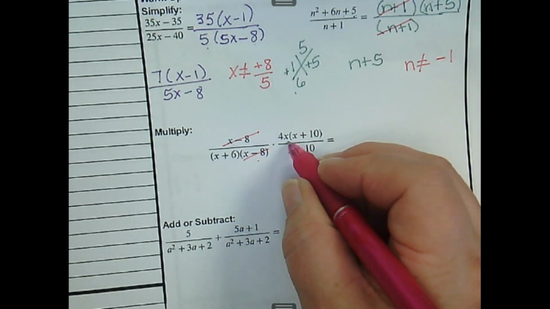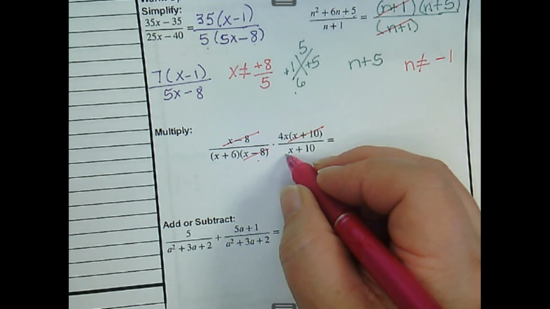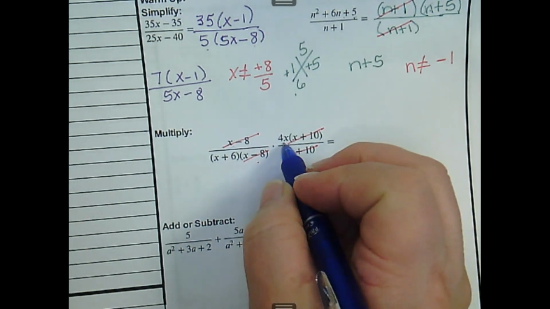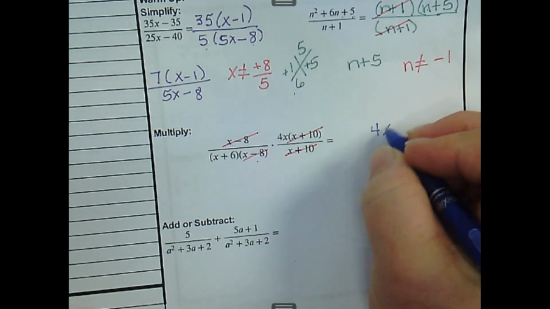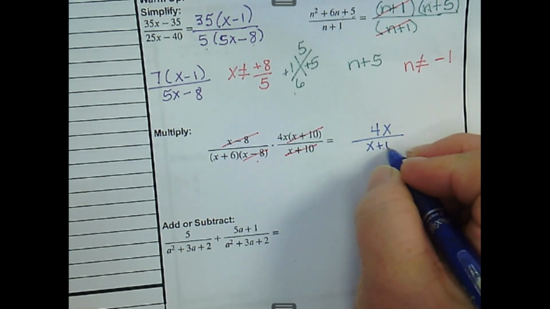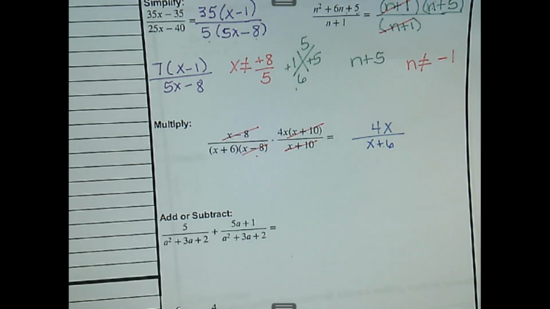I've got x plus 10 and x plus 10. Those factor out. What do I have left? On the top, I have 4x. On the bottom, I have x plus 6. And I'm done. But I still have to list my constraints.